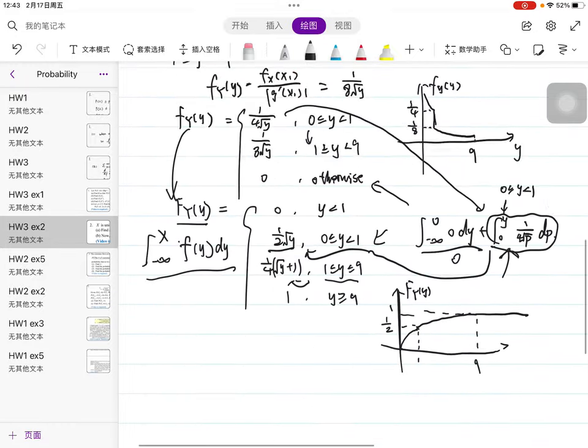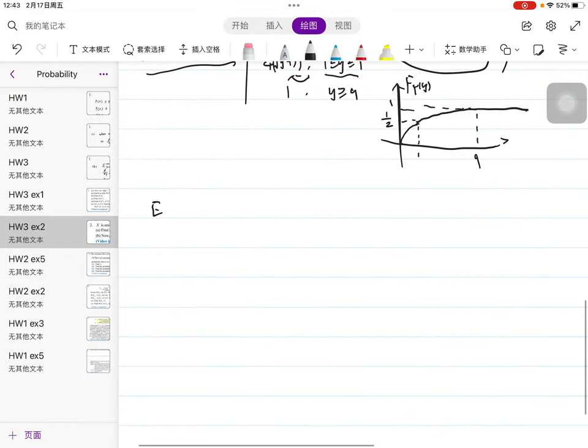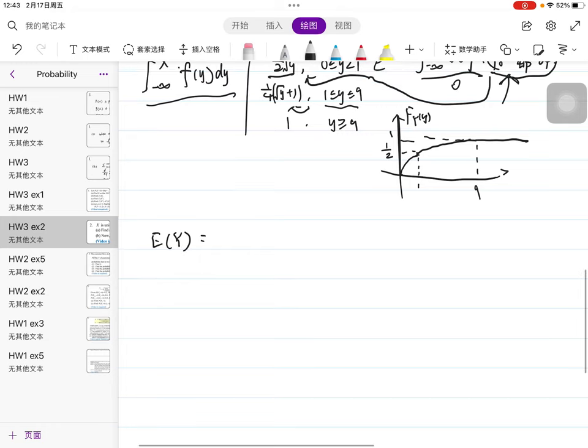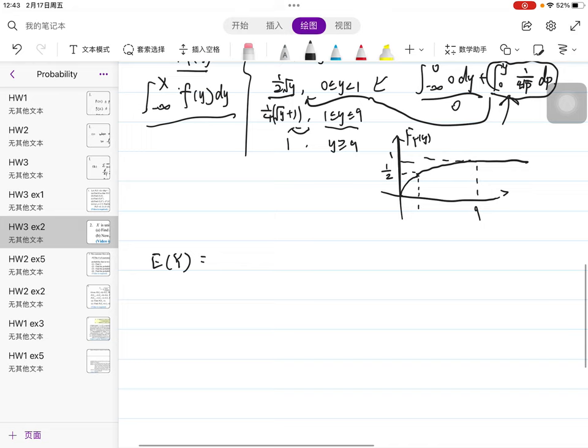And then we need to find the expected value of y. This equals the integral from -infinity to infinity of y times the density function.